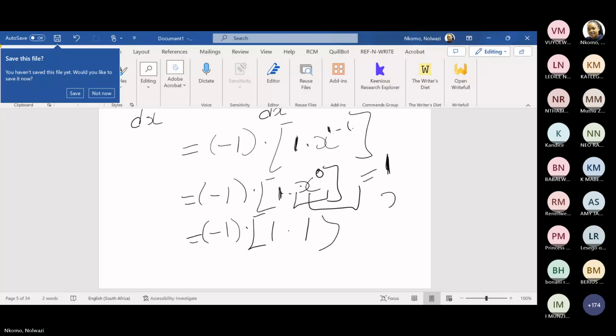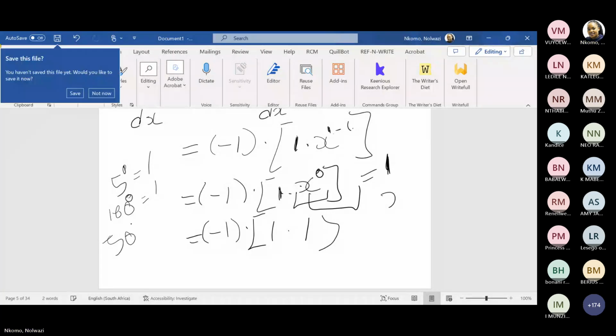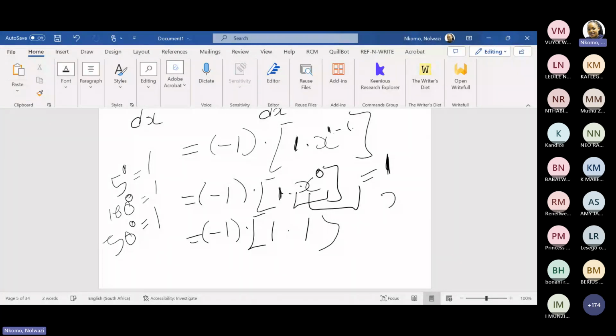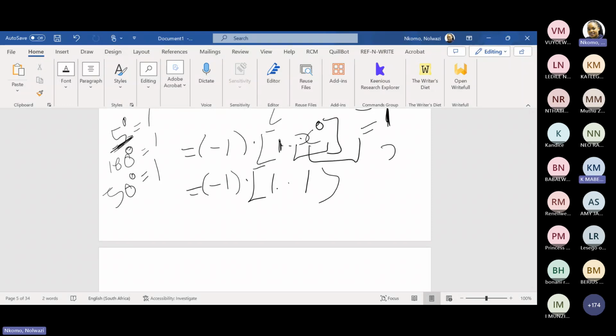So if you have 5 to the power 0, this is the same thing as 1. 100 to the power 0 is the same thing as 1. 50 to the power 0 is the same thing as 1. So whenever you see a number or a variable to the power 0, just write 1 there. Is it fine? Okay, so we have minus 1 times 1, which is minus 1.